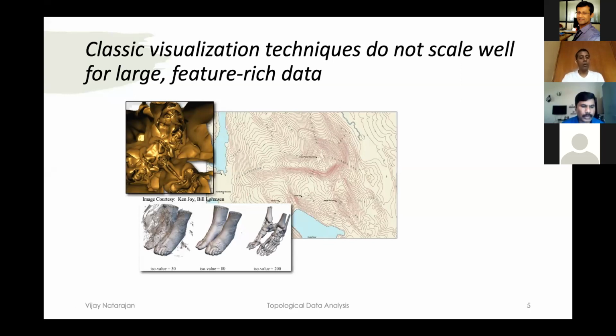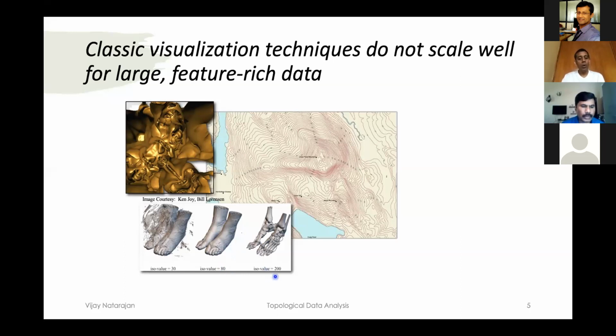For example, what you see here is surfaces from the CT scan of the human foot. You see that individual surfaces do make sense. These are individual isosurfaces. For example, this is a surface extracted at value 80, so these are the set of all points in the volume that have value 80. This corresponds to the skin.